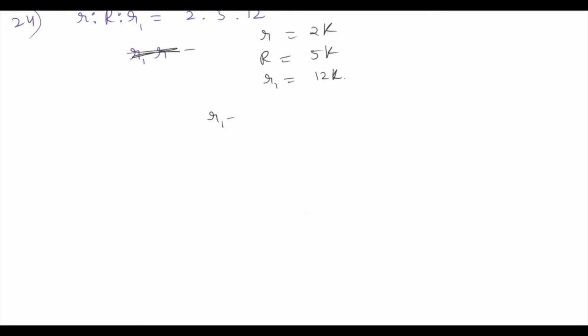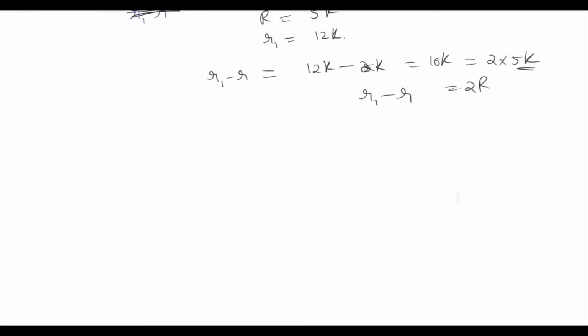So R1 minus r will be equal to 12k minus 2k equals 10k. That equals 2 into 5k. I know that 5k equals capital R, so this is 2R. I got R1 minus r equals 2R.